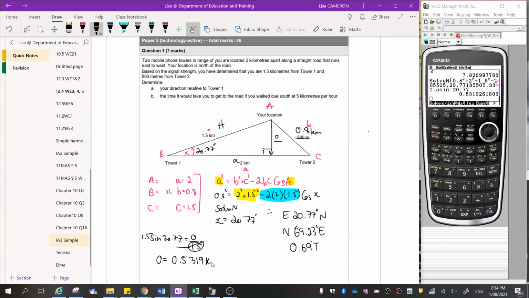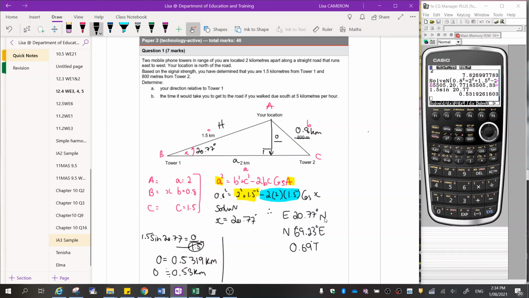We'll leave it as that. We'll just say it's in kilometres. If I was rounding, I would say that that opposite side is approximately equal to 0.53 kilometres.